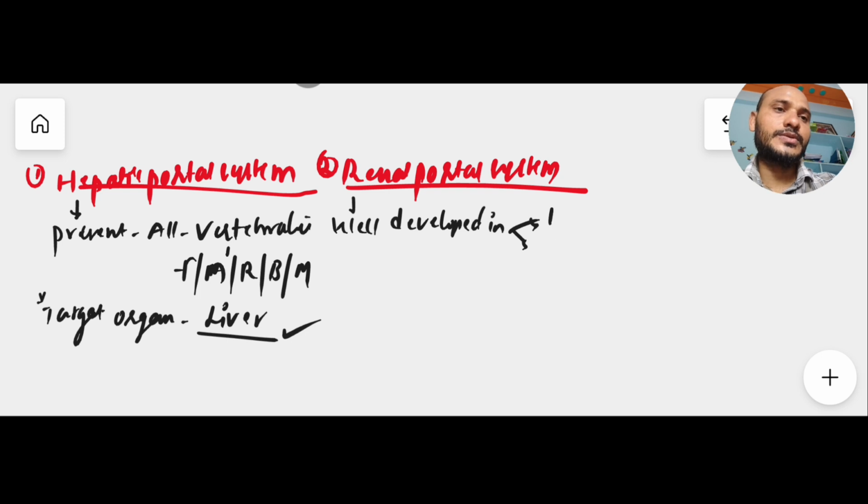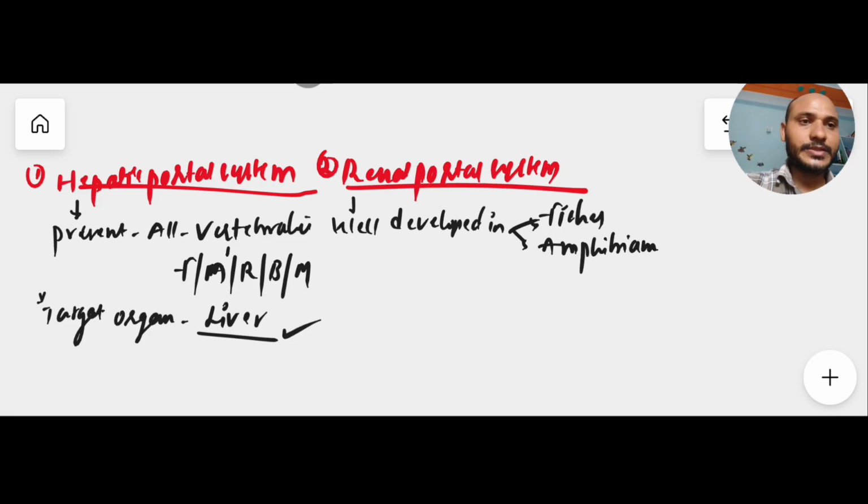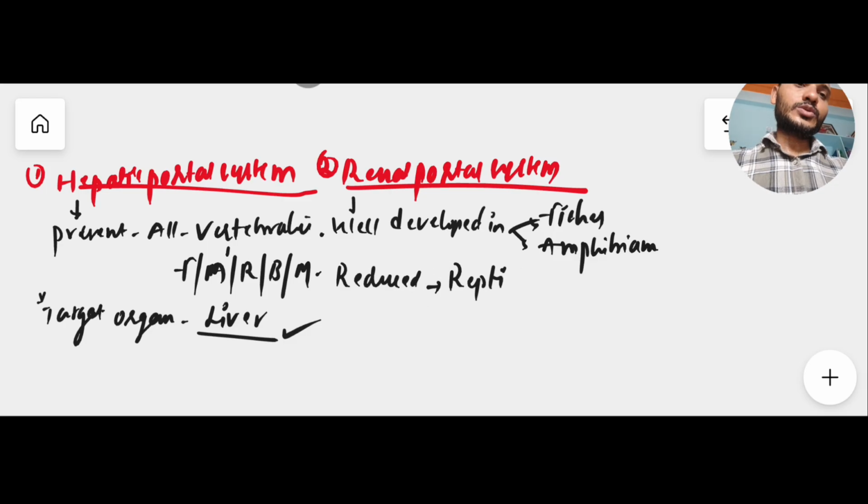They are fishes and amphibians like frog. So these renal portal systems are well developed in fishes and amphibians, and a reduced form of renal portal system is there in reptiles.